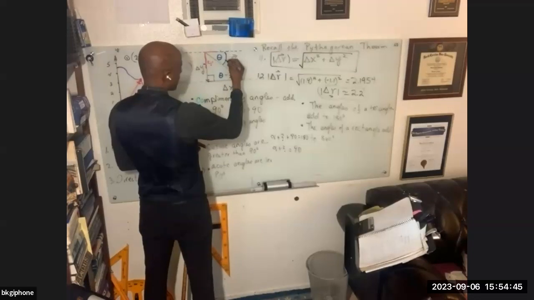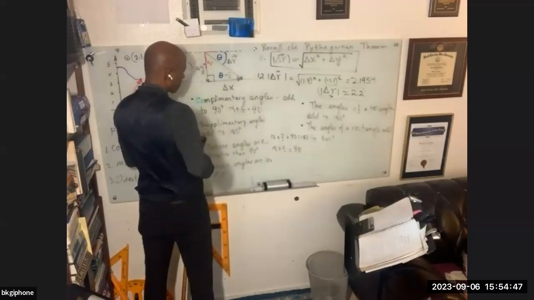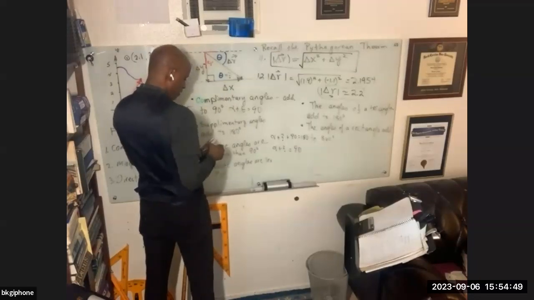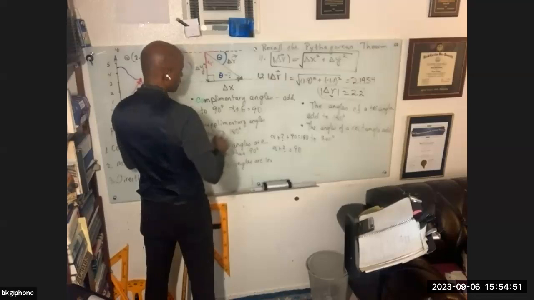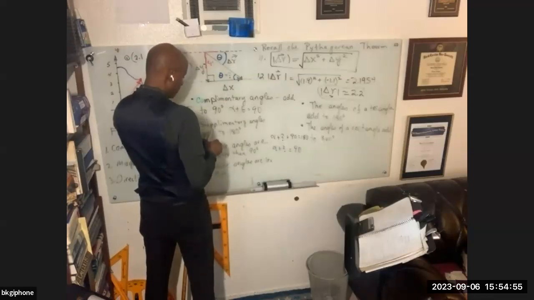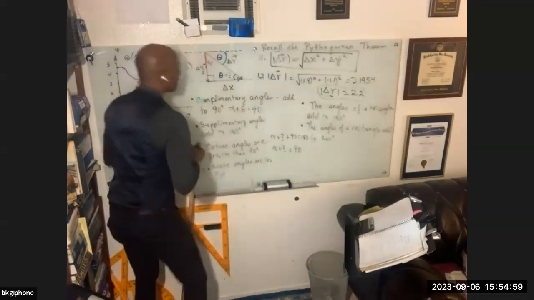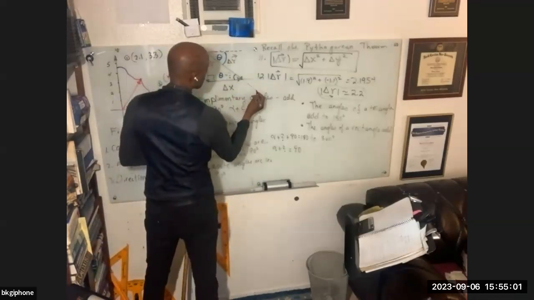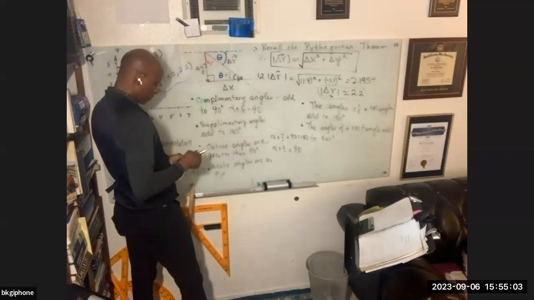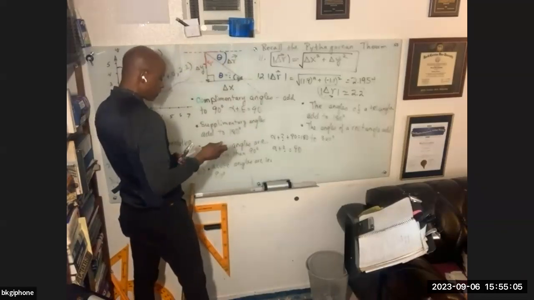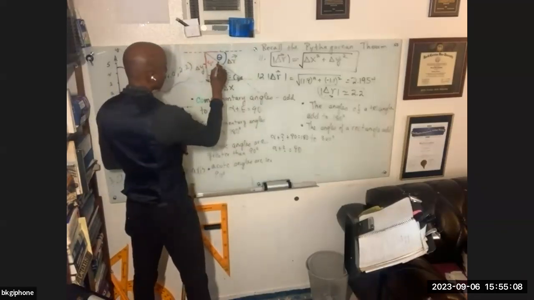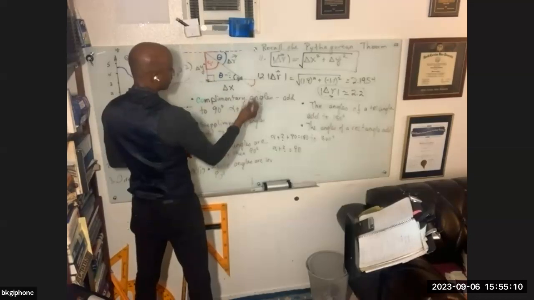That is, that angle must equal this angle. And if I extend this line along like this, we know in geometry that that angle there must be the same as that angle there.